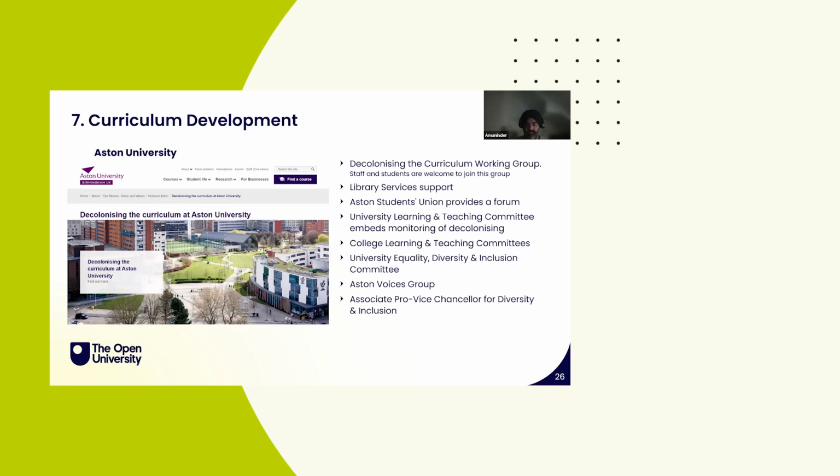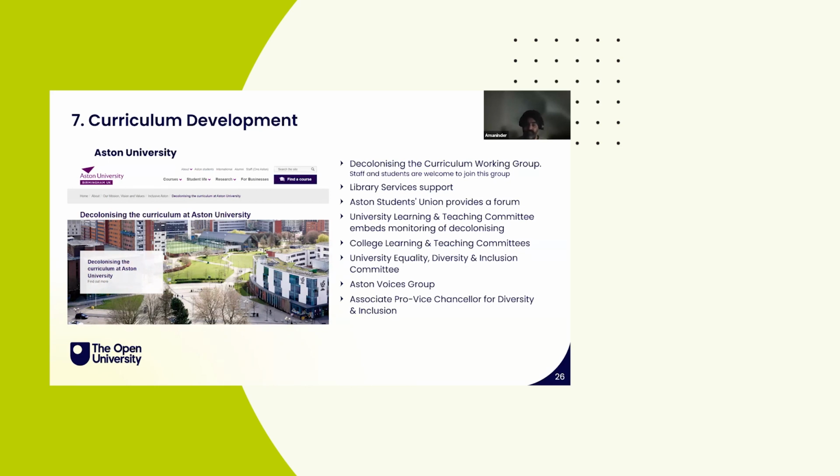Thank you. Yes. So this one is Aston University in Birmingham, and they're doing quite a bit in this space of decolonizing. They've got a curriculum working group which oversees the progress of projects through monthly meetings, including reviews and reflection on the impact of what they're doing.